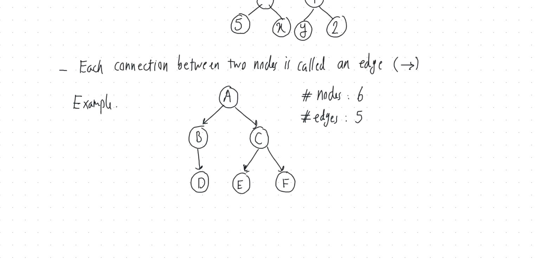Now, one thing that I want to tell you right at the beginning is that not every diagram or graph like this with nodes and edges between them is going to represent a tree. For a graph like this to be a tree, we need to have two conditions. The first one is that all the nodes must be connected.